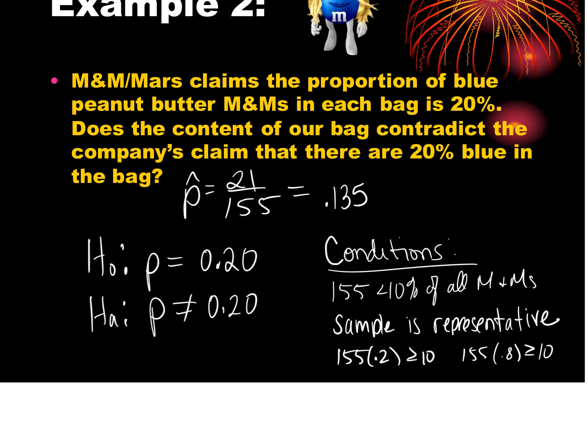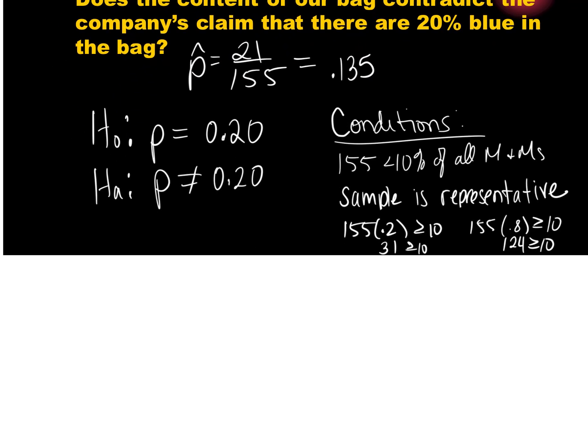Because we want to know, based on their percentage that they claim, should there be at least 10 successes and failures. So we have to check that condition with the hypothesized value, not our sample. Okay? So 31 and 124. So we're good since conditions are met.